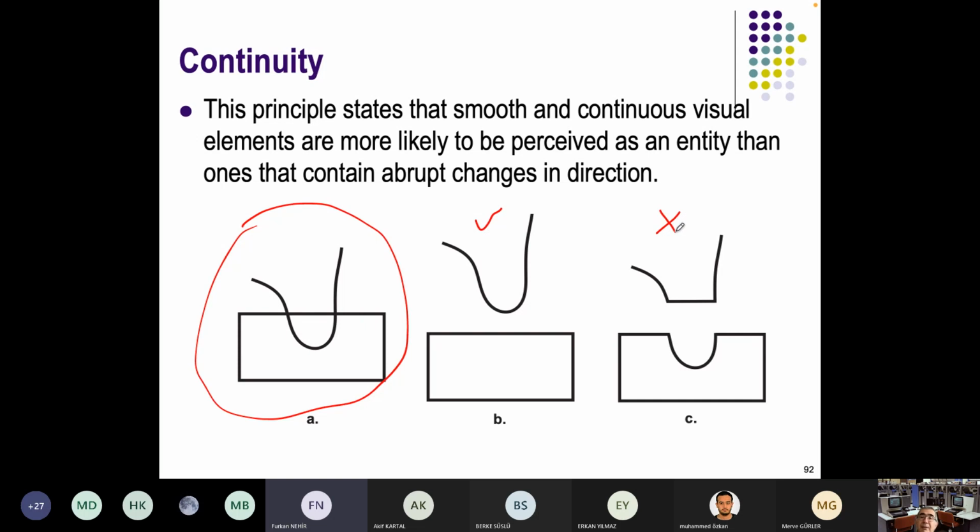Our brain never thinks that it is the figure C, but tries to accept the idea that B is actually the relation between two different pieces of dark lines in the figure A. So that's how we understand continuation. Abrupt changes are less likely in our perception.